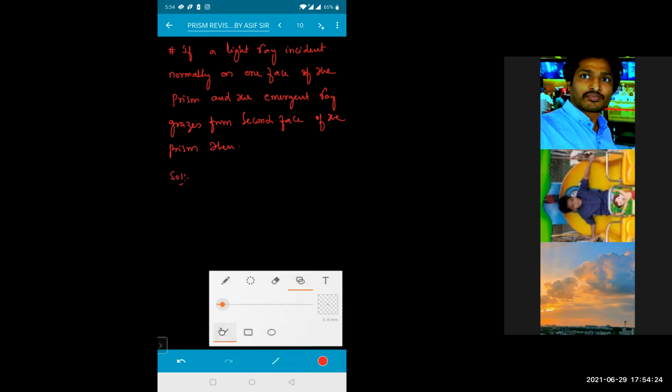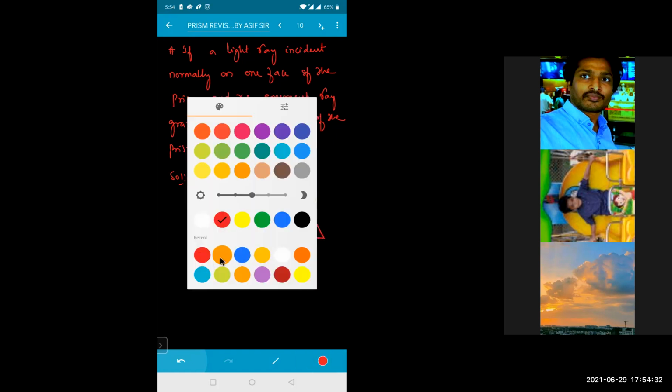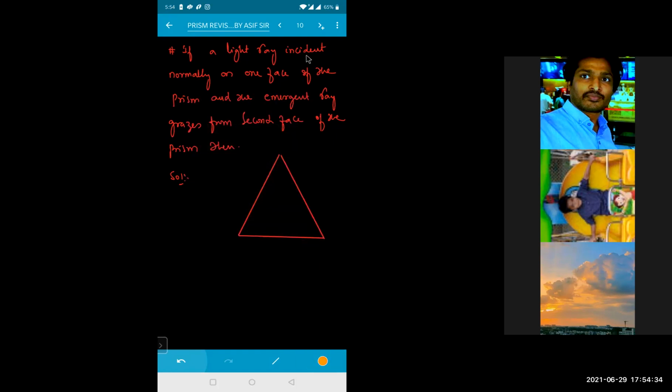So let's first draw the diagram. This is your triangle. Now first tell me what is this angle of incidence. The ray of light is incident normally on one face, that means the ray is incident on the surface normally like this. So I1 is zero.